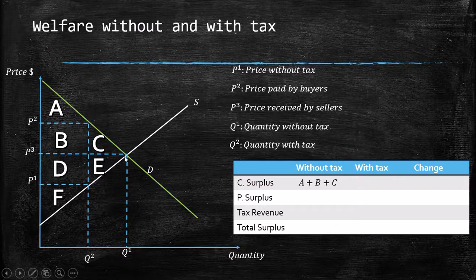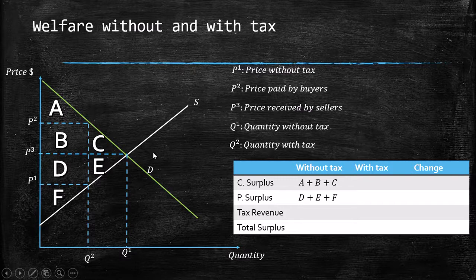They just have to pay P3, which is lower than the prices this group of consumers is willing to pay. So for this reason, A plus B plus C are part of the consumer surplus.